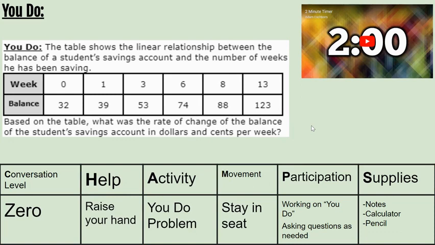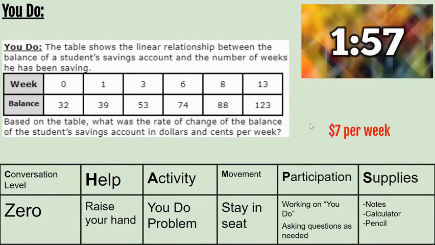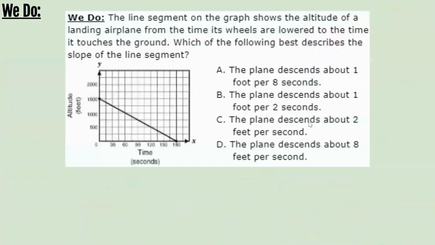Okay. Next. Oh, look, $7 per week. We were right. All right. The line segment on the graph shows the altitude of the landing airplane from the time its wheels are lowered to the time it touches the ground. Which of the following describes the slope in segments?